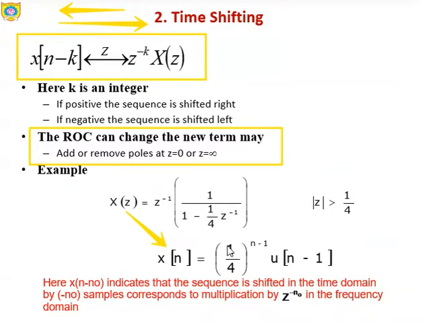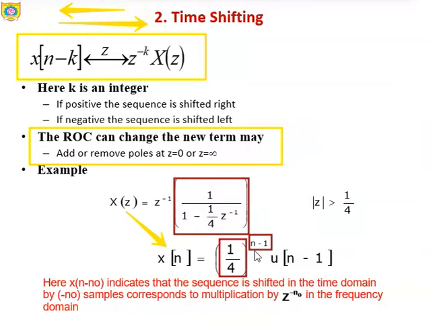So for this given expression, this term that is highlighted is nothing but 1 upon 1 minus a z inverse. So a over here is nothing but the value 1 by 4, and which is specified as a raised to n minus 1, that is obviously the delayed value.